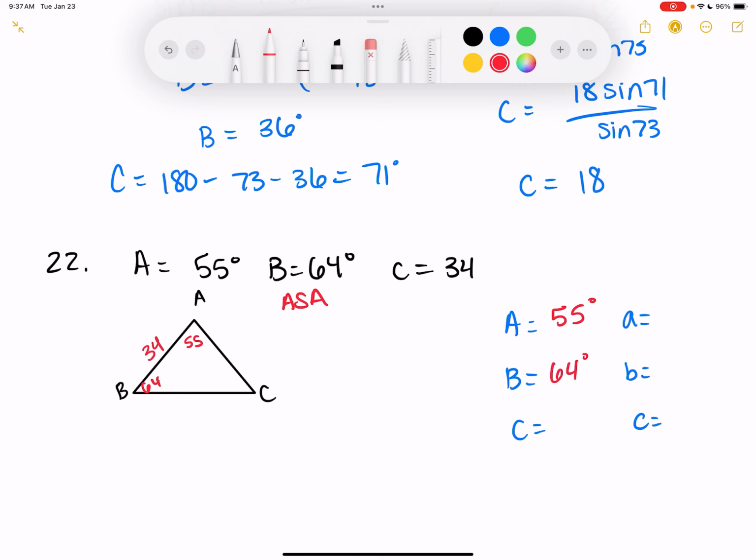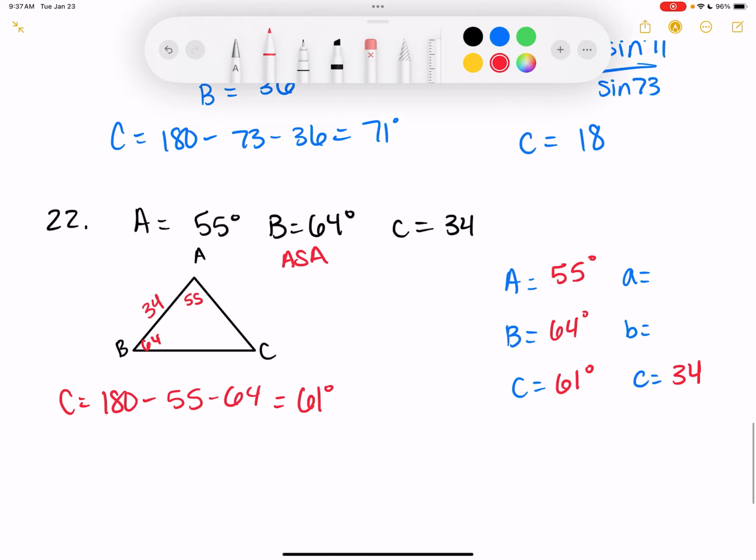So angle C is the easiest thing to find next. So 180 minus 55 minus 64. 61.